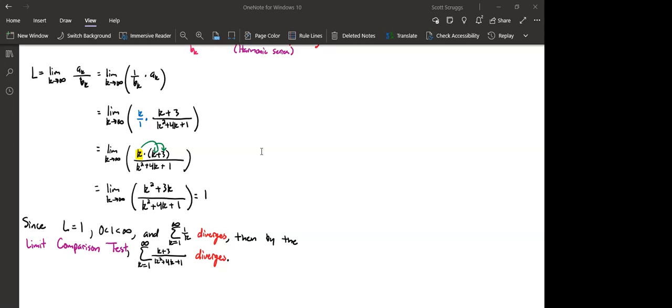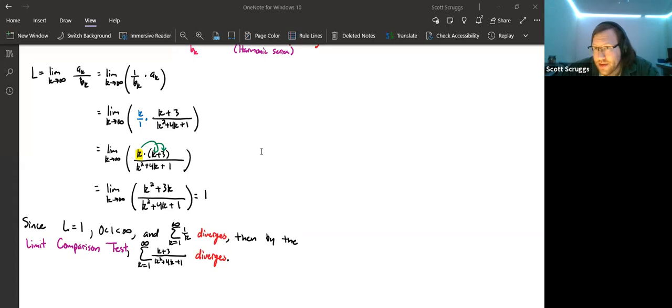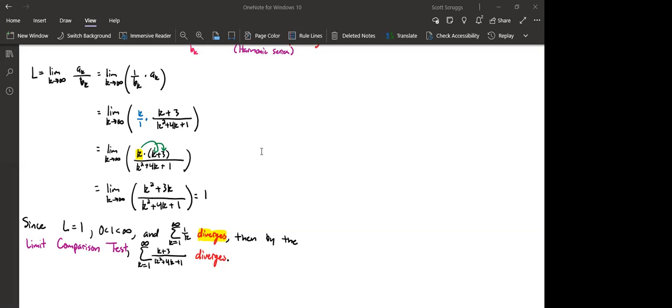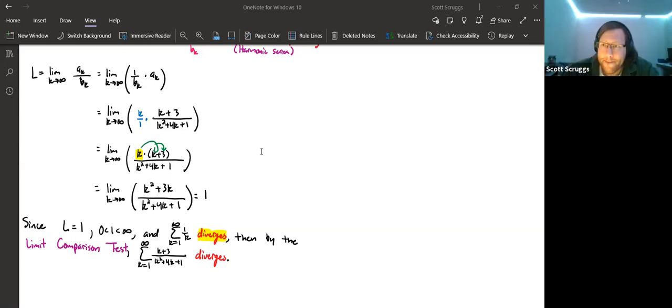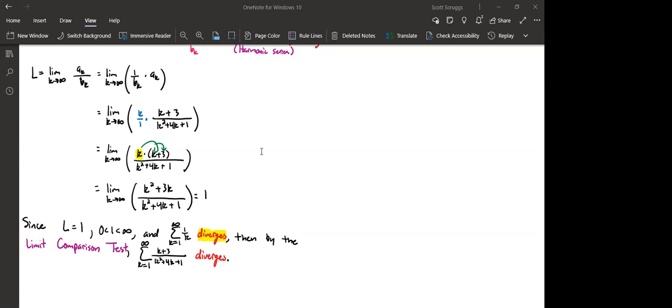So if L equals infinity, that means that a_k also diverges, if the series I compare with, b_k, diverges. If the series I compare with converges and I get infinity, then I need to go back and double check my work for that. And that's actually a good question to ask.